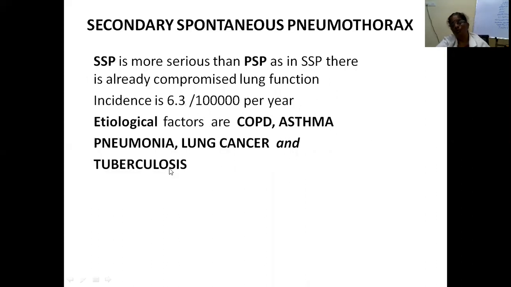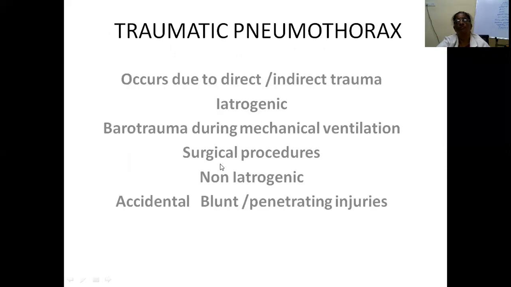Secondary spontaneous pneumothorax is more serious than primary because the underlying lung is also damaged. Already compromised lung function along with pneumothorax is more serious than PSP. The etiological factors for SSP are COPD, asthma, pneumonia, lung cancer, and tuberculosis.